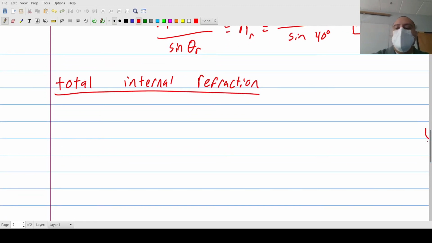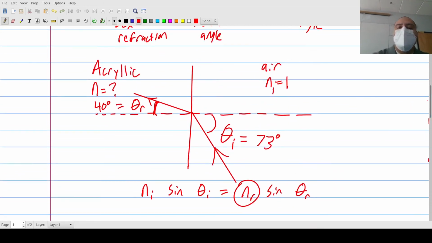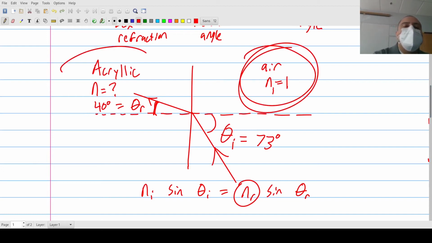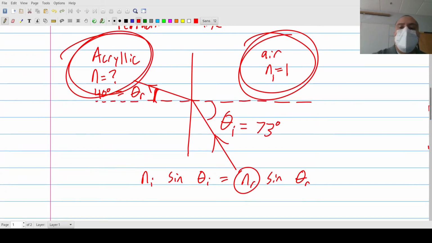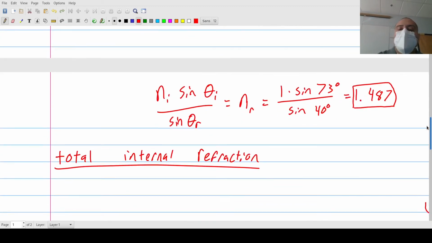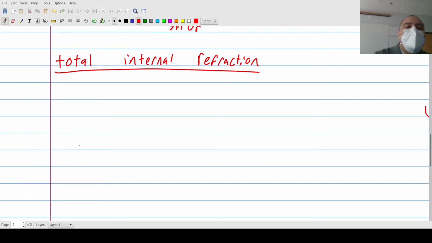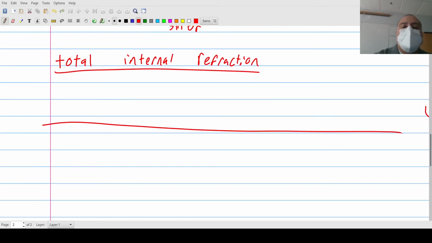You saw when we drew this diagram, this angle got smaller as we went from a less dense substance to a more dense substance. That means the opposite will happen as well. If we reverse this diagram, if we start in the acrylic and go to air, we can make that angle get bigger.